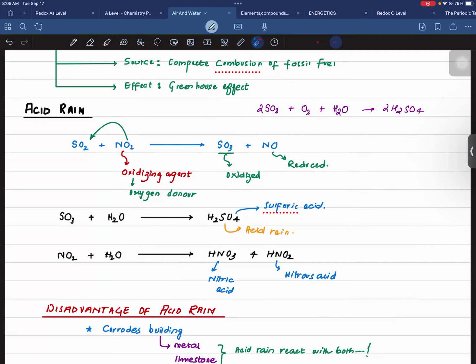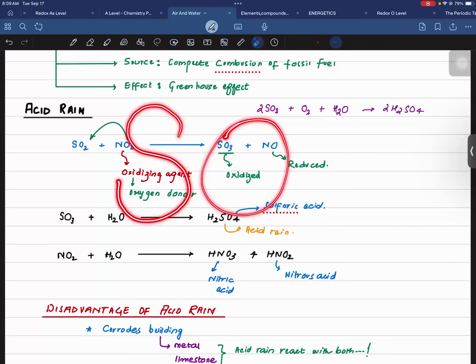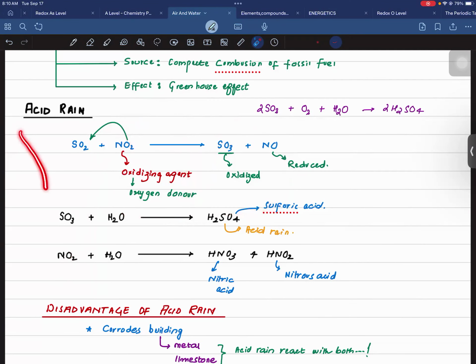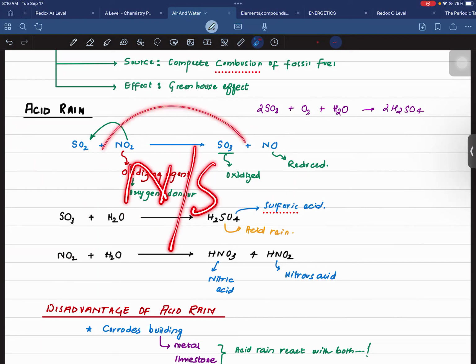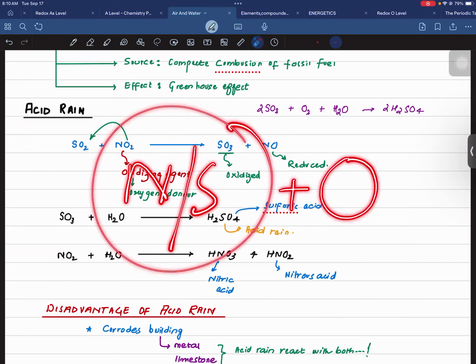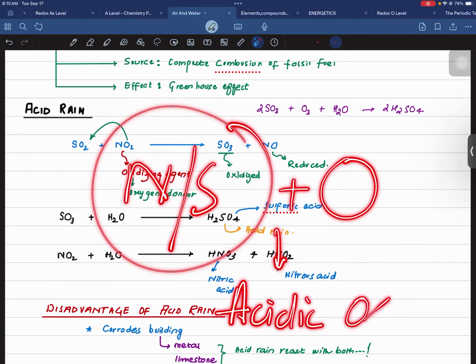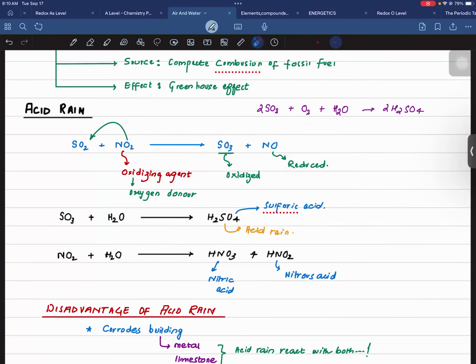When oxygen attaches to any non-metal, in this case sulfur or nitrogen, it produces an acidic oxide. Remember, when an acidic oxide dissolves in water, it produces an acidic solution. That's why we say this is acid rain.